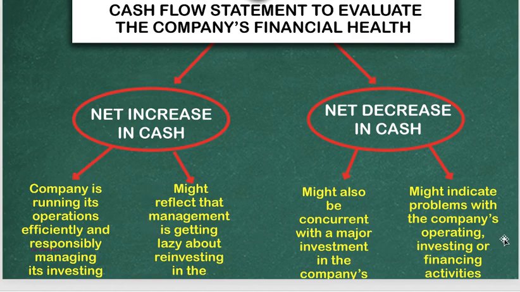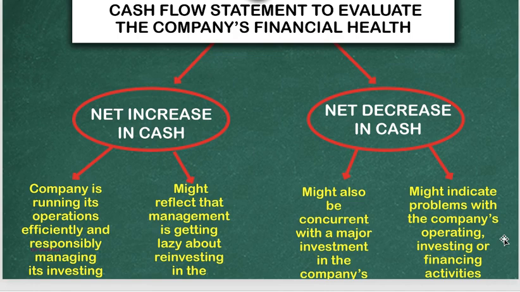Net increase in cash and net decrease in cash, because at the end of your cash flow, after you have total up the cash flow from operating, investing and financing, you will get net increase in cash sekiranya your cash flow itu adalah positif, ataupun net decrease in cash when your cash flow after you add all the three category of activity itu, if you get negative, so it is called net decrease in cash.